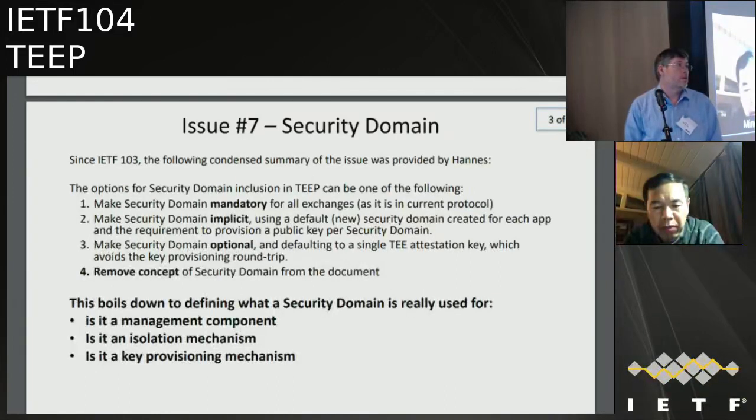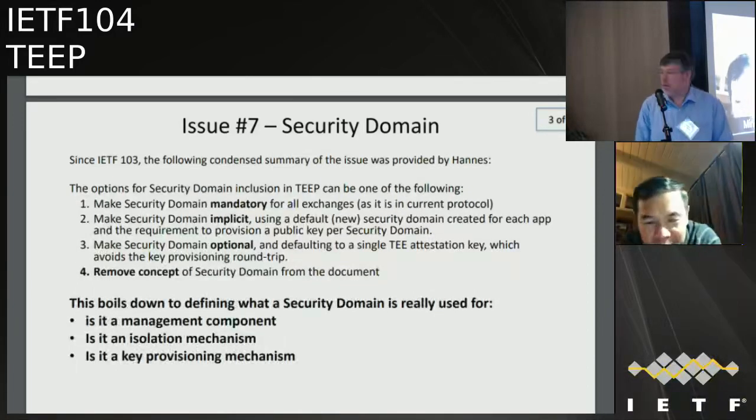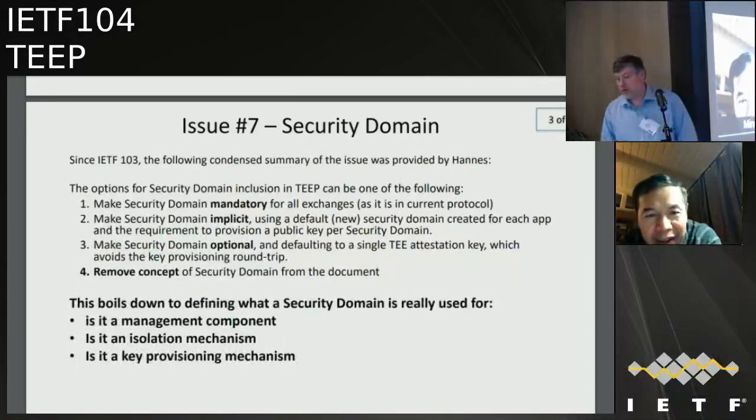You didn't mention that, but instead you mentioned the new one, namely this key provisioning all the way to the service provider, which we don't have currently. The protocol runs between the TEE and potentially the broker, via the broker to the TAM, and not all the way to the backend.